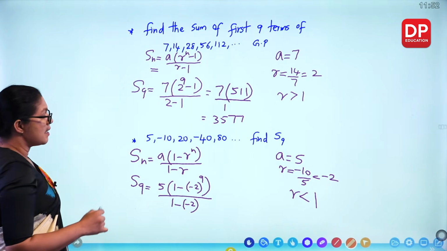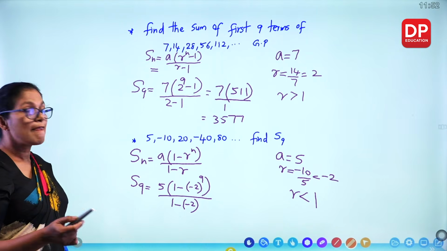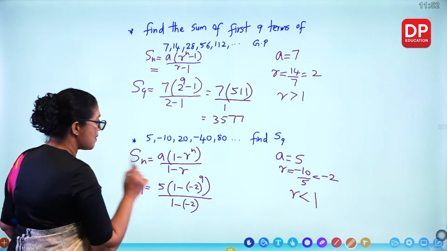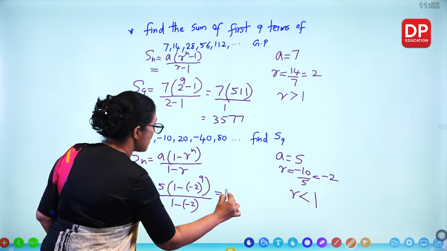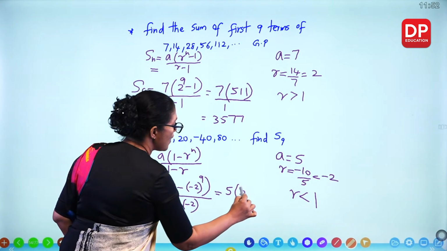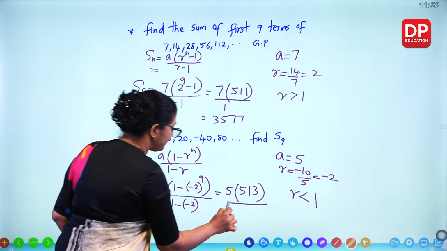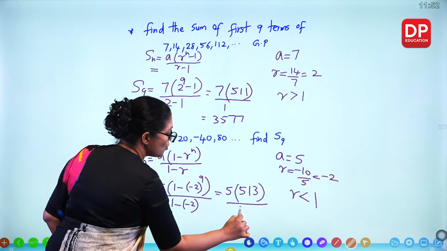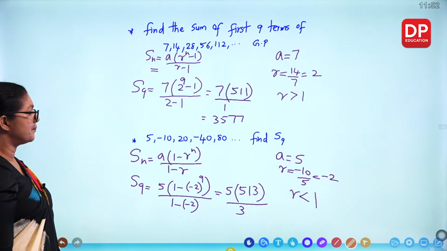Again, minus 2 to the power 9, you get a negative answer, minus 512. Minus and minus becomes plus. So 5 times 512 plus 1, 513. 1 minus minus 2 becomes 1 plus 2, that's 3.